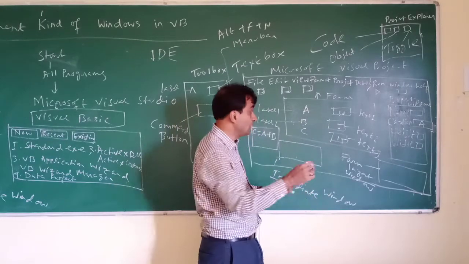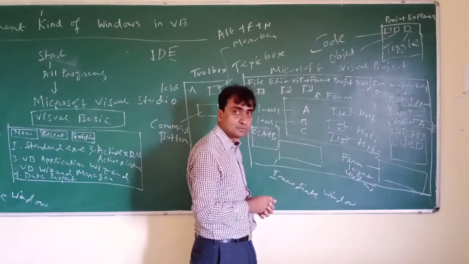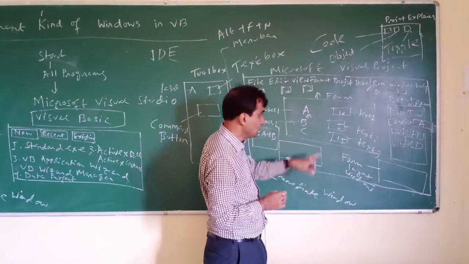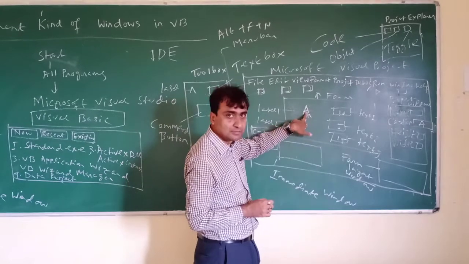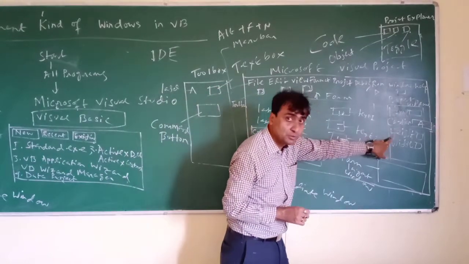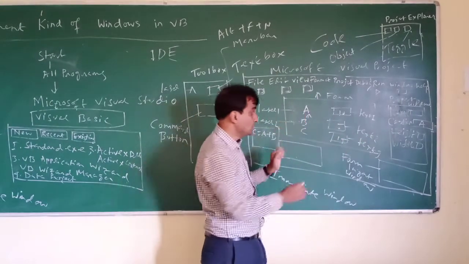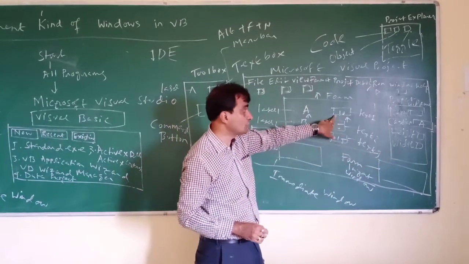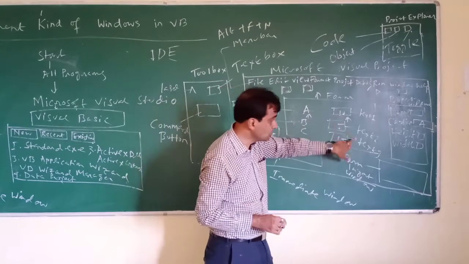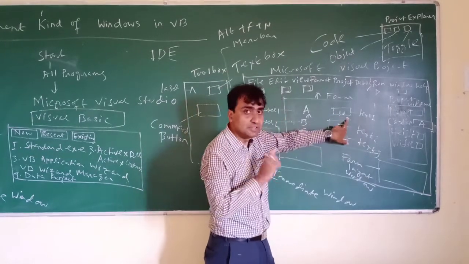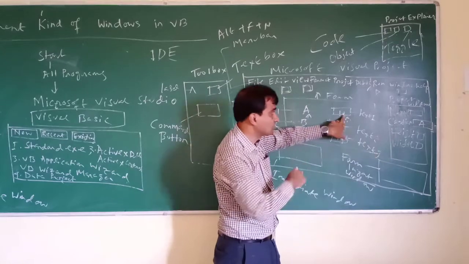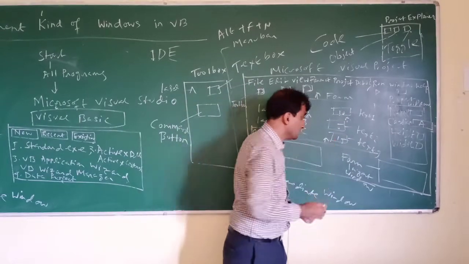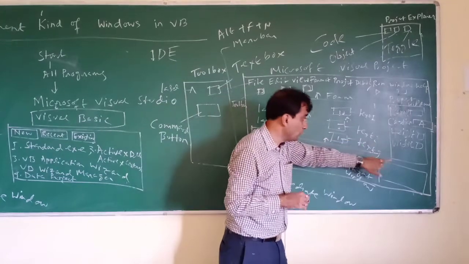So properties are related to each object. How will you get the property? You should keep your cursor here. If the mouse cursor is here, then this property window belongs to this object only. If the mouse cursor is on text 1, then the property window is of text box 1. If the mouse cursor is here, the property window belongs to text box 3.